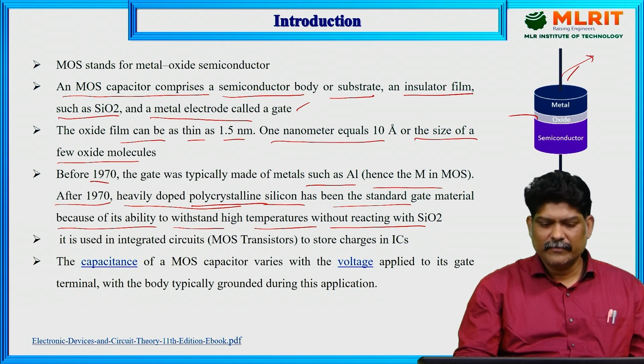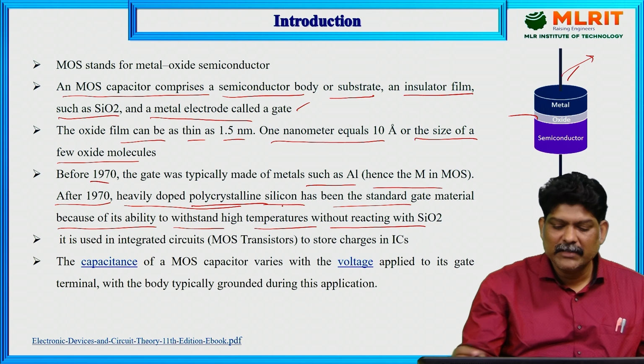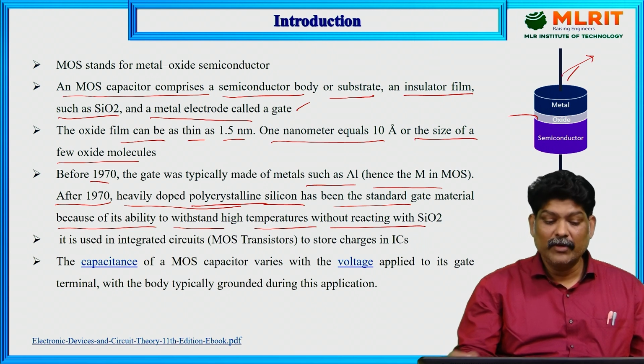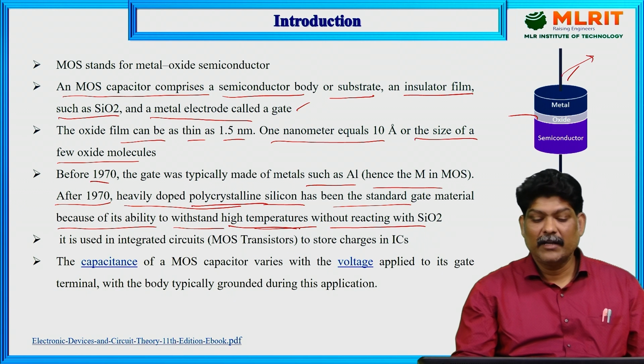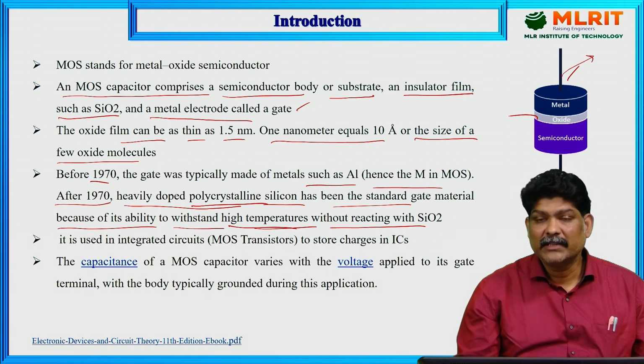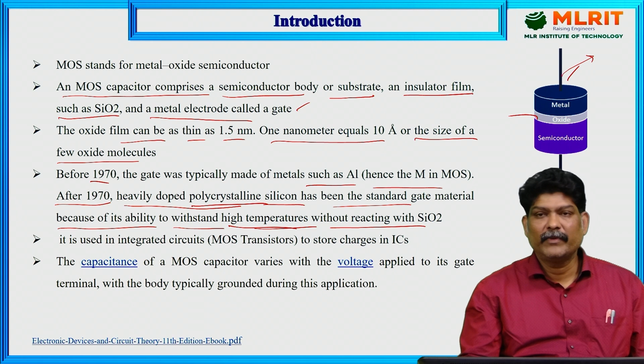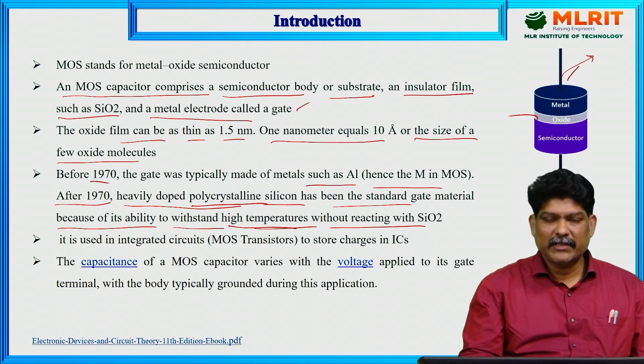Polycrystalline silicon became the standard gate material because it can withstand high temperature without reacting with the silicon dioxide layer. So in place of metals, we can use polycrystalline silicon.